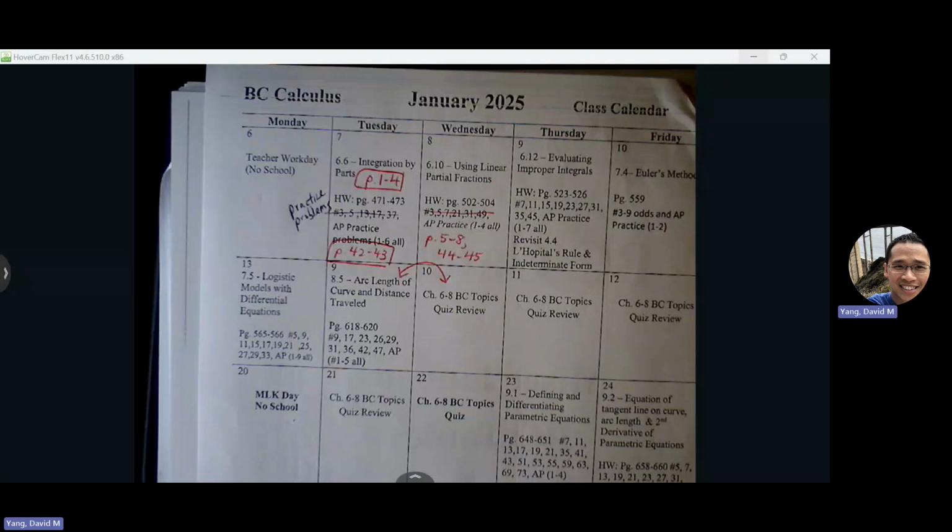So tomorrow, regardless of whether I'm here or not, you guys will be working on pages 1 through 4 in your review worksheet number 1. Page 5 is the arc length and distance traveled. Pages 1 through 4 should all be topics we're familiar with from what we've covered in class already.